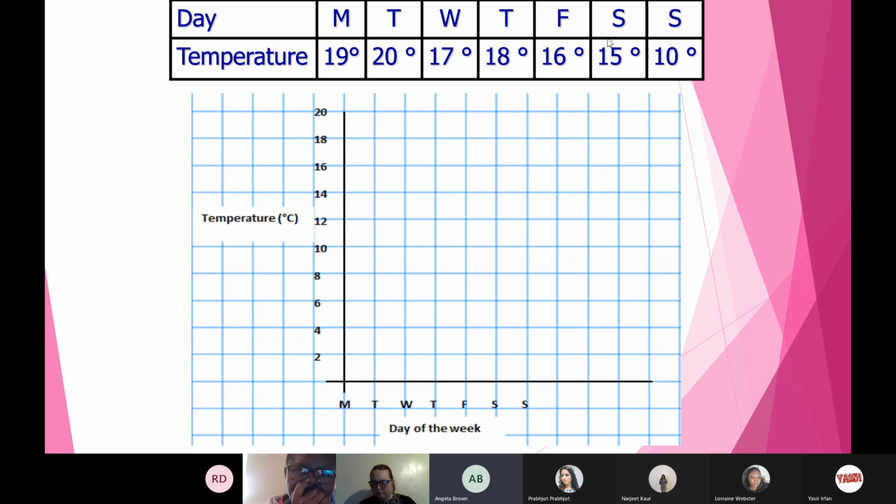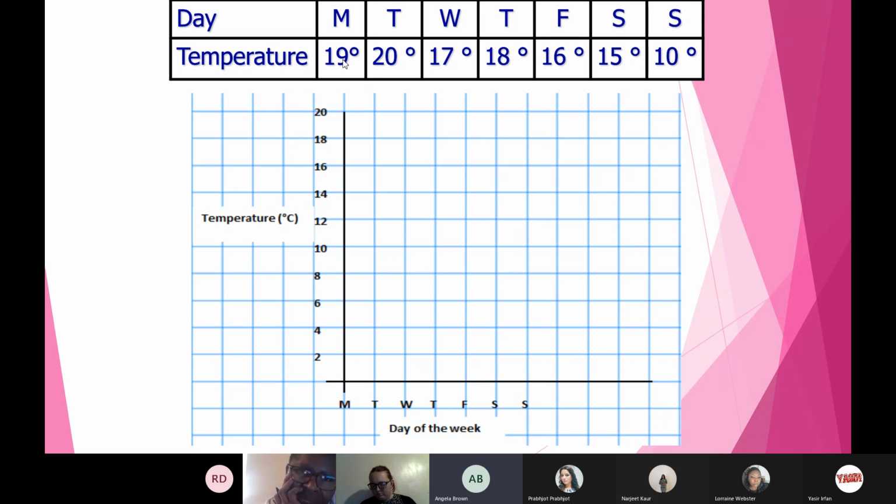You then plot, and as you can see, the 20 is on the line, the 18 is on the line, the 16 is on the line. Monday, Tuesday, Wednesday, Thursday, Friday, Saturday, Sunday are all written on the line. And now we're going to plot our data.